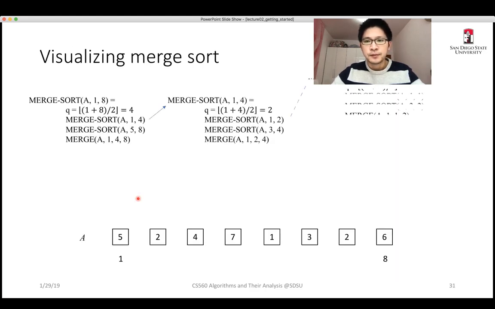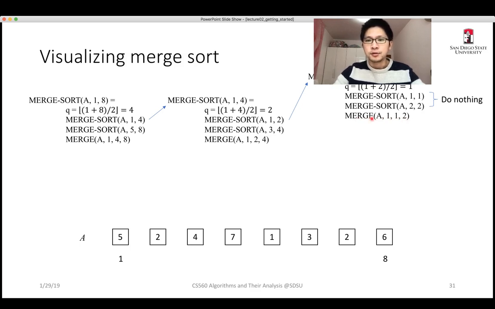That means our recursion reaches its end at this step. So we just need to merge the results by calling the merge procedure on A1, 1, 2, and the subcall in this part returns.